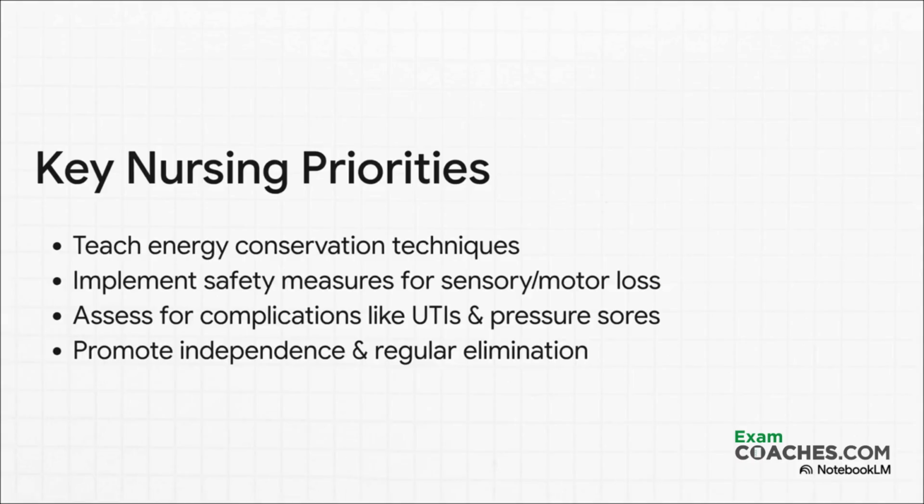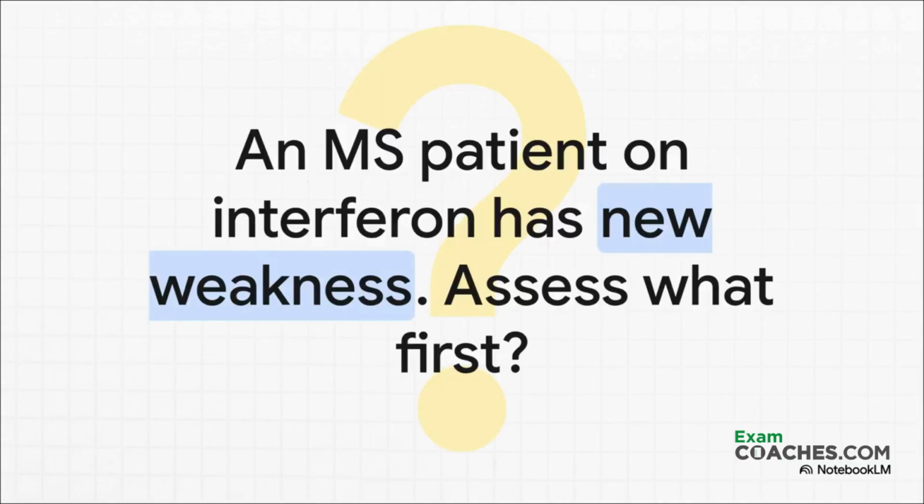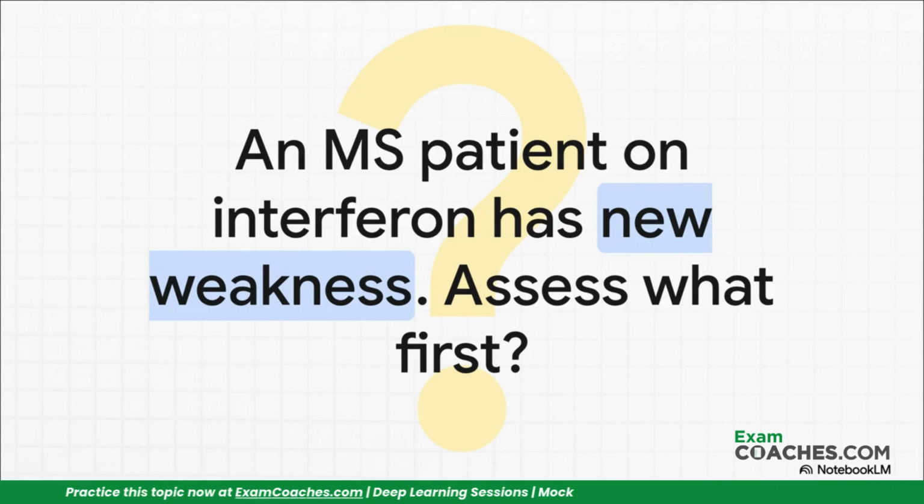You're on the lookout for secondary problems like UTIs or skin breakdown. It's a totally different mindset from myasthenia gravis. And here's another one to make you think. Is this new weakness just the MS getting worse? Or could it be a really common side effect of the interferon, like those flu-like symptoms and fatigue? The NCLEX needs you to make that connection and do your assessment before you jump to conclusions.